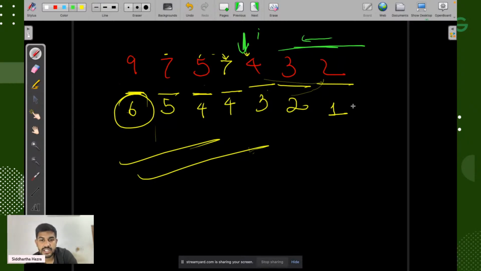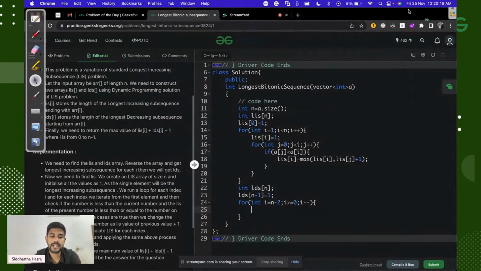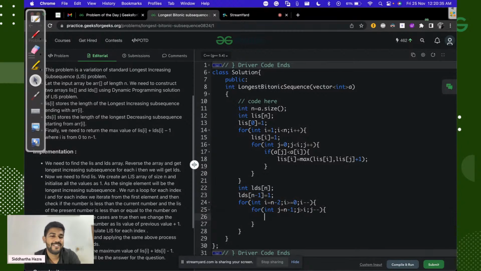And if a[j] is less than a[i], the same condition, but j would start from the back. So for int j = n - 1; j >= 0; j--, and j > i. Yeah, this is true. Why greater than i? Because the politician selects a person who is less than it.